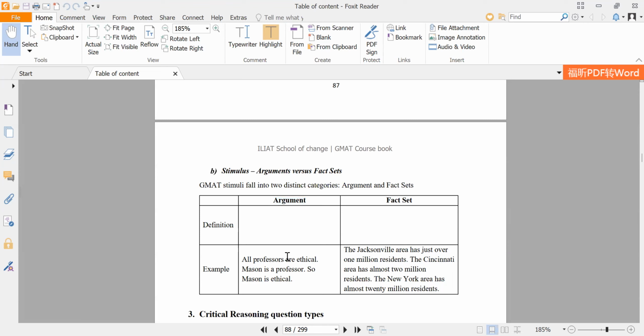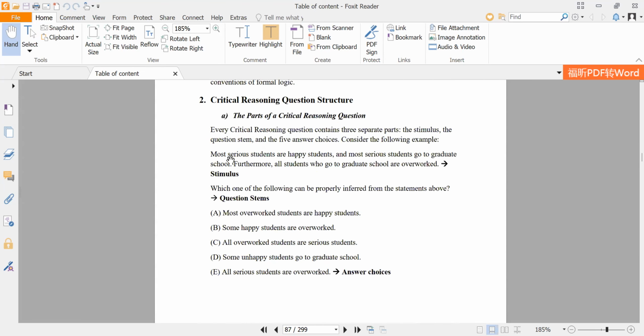So it's very important to know which sentence of the passage, the prompt, or the stimulus, whichever word you like to use, is the argument, because when a sentence is an argument, it usually presents the main idea of the argument, and that's what the question in that critical reasoning question is going to revolve around.